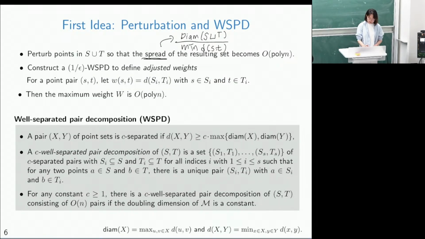And then we construct a well-separated pair decomposition of the point set to define adjusted weights. So here, well-separated pair decomposition is defined as follows.